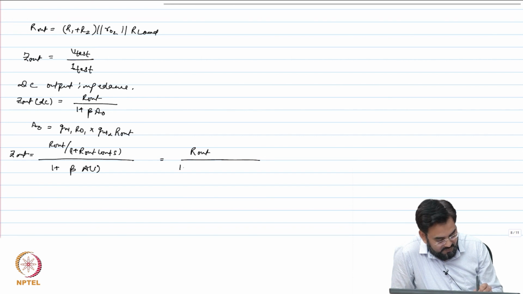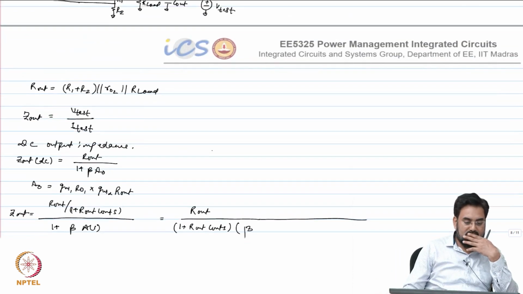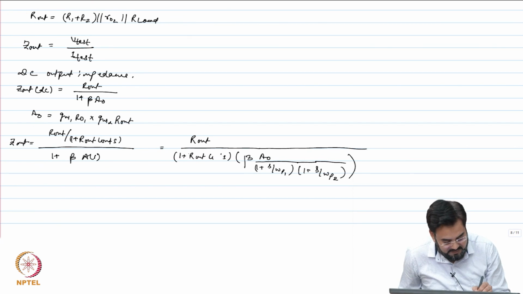1 plus beta AS. So what is AS? Beta A naught over 1 plus S over omega P1 into 1 plus S over omega P2, and this is nothing but S over omega P2.